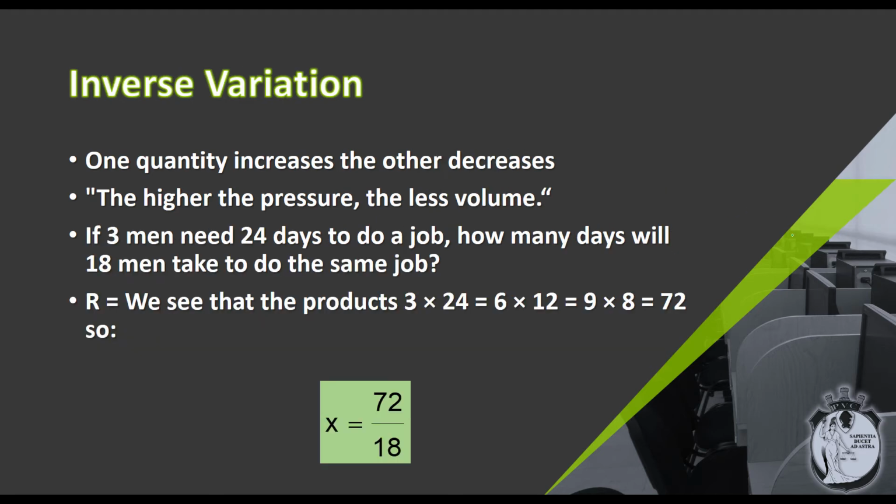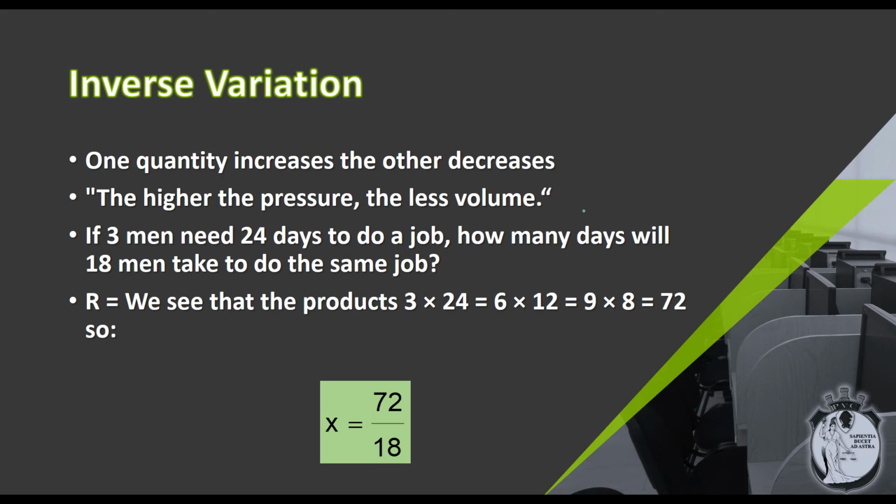Now, the next kind of variation is the inverse variation. In that case, if one quantity increases, the other decreases. An example here: if you have higher pressure, you get less volume.